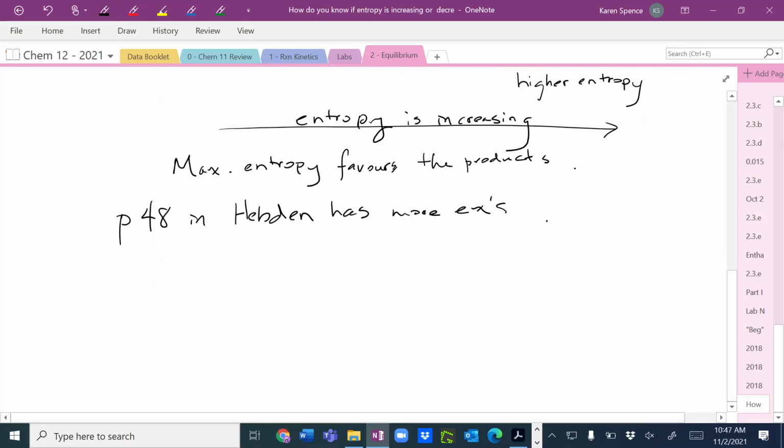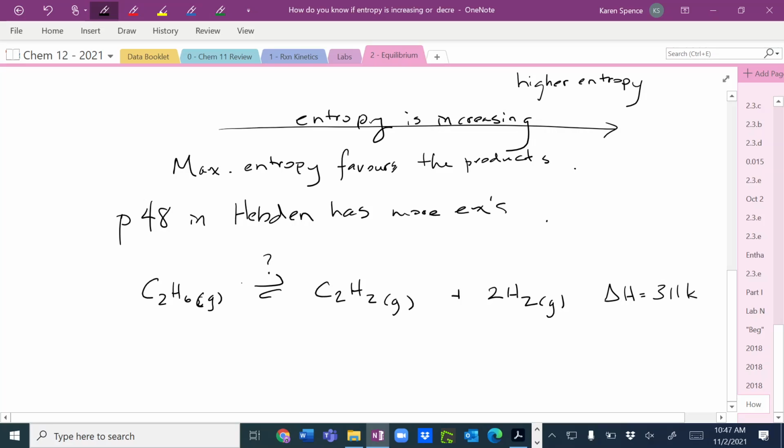Okay, so let's say we had, that's a good one, C2H6 gas, and we're going to say, we don't know what that arrow is supposed to be, C2H2 gas and 2H2 gas, and delta H is 311 kilojoules.